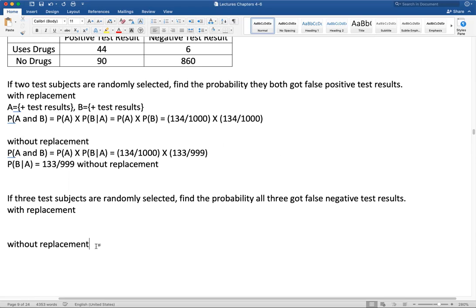So with replacement, similar to this, now this one is going to be P of A and B and C. A represents that we had a first negative test result at first, B is the set of all outcomes having the first negative test result in the second choice, and C is the third choice.